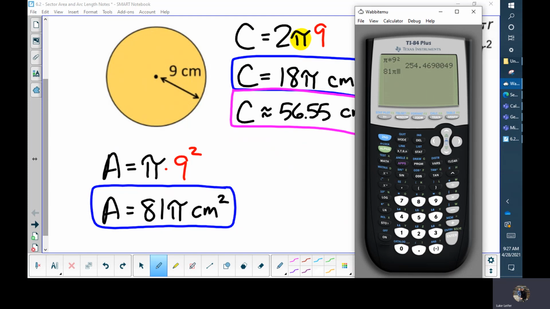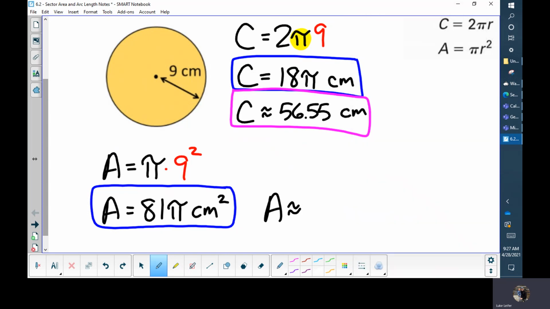It's going to give you the same answer. Then round appropriately. So your area is approximately 254.47 centimeters squared.